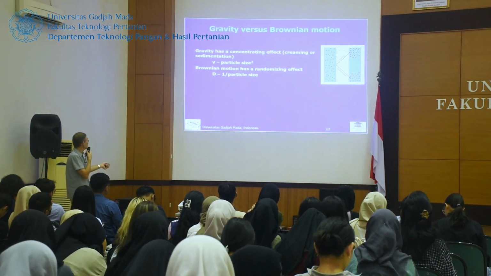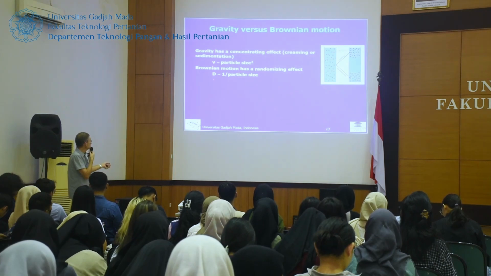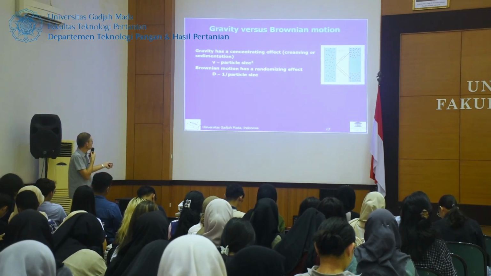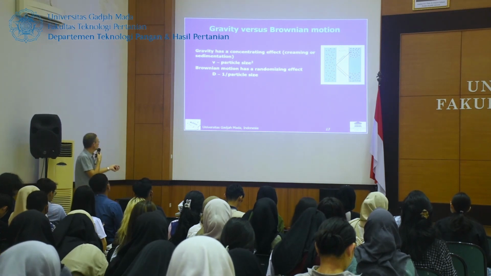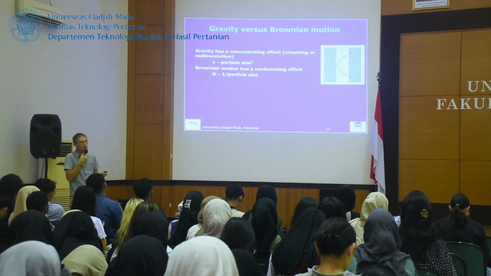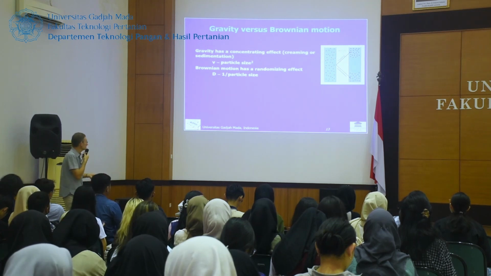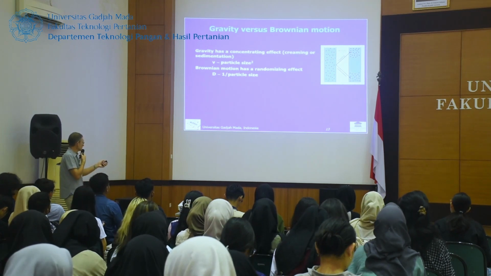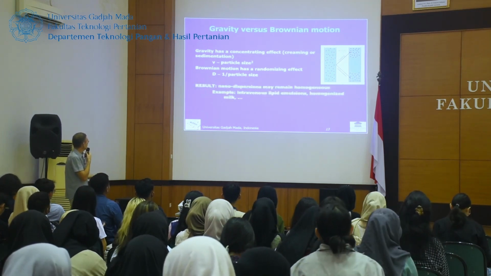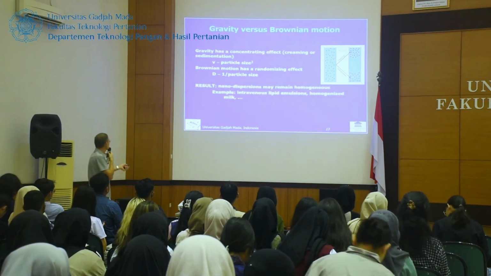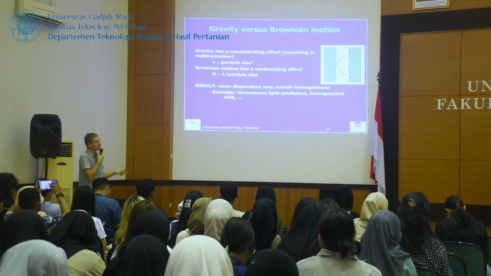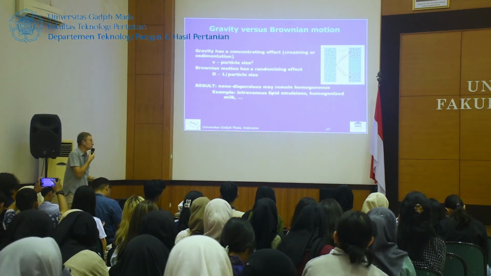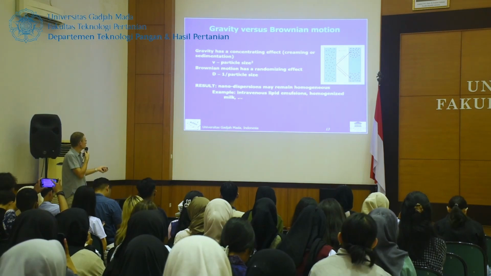And for Brownian motion, the speed is quantified by the diffusion coefficient, which is inversely proportional to particle size. So that effect becomes more important as particles become smaller, so they have an opposing effect. And it's due to this second effect that if you have particles smaller than a micrometer, roughly speaking, they can remain homogeneous.